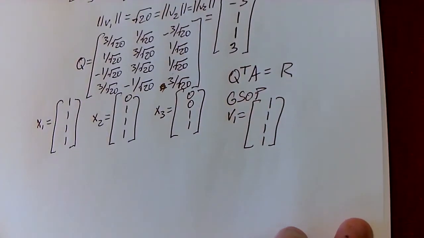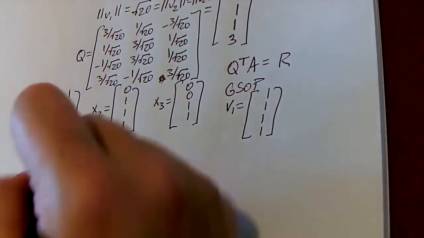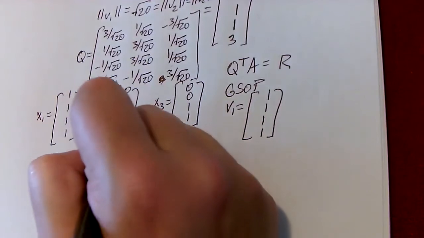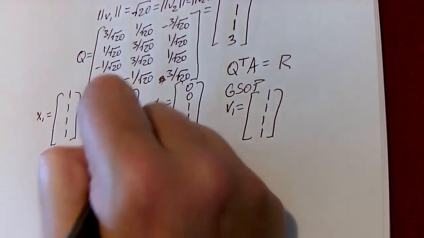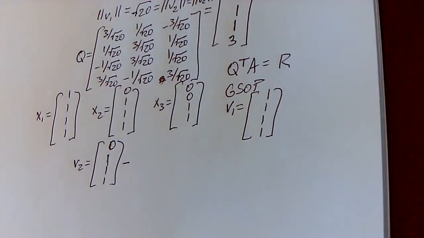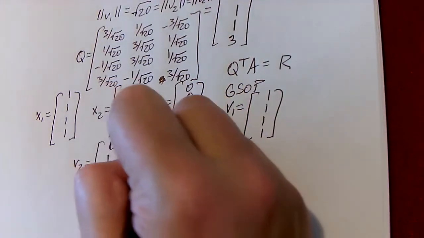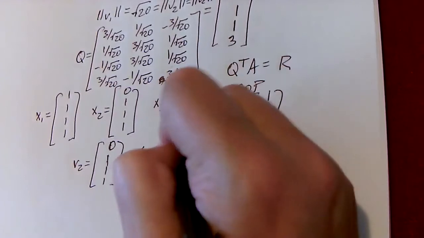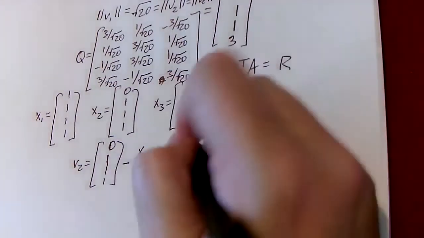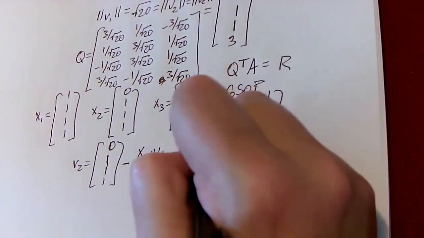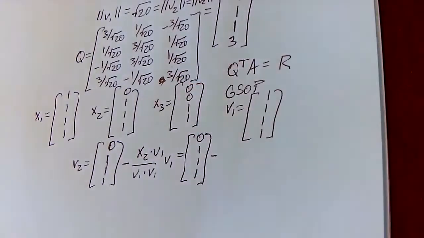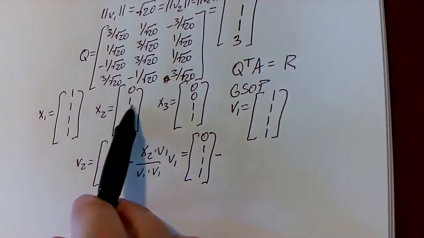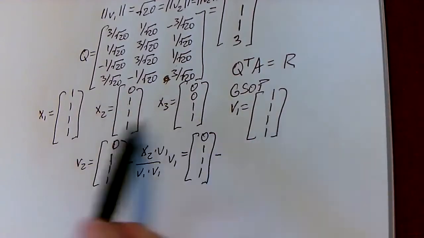Okay? So now we go to our second vector. Find v2. We are going to do x2, which is 0, 1, 1, 1, minus x2 dot v1 over v1 dot v1 times v1. Okay, so I'm going to have 0, 1, 1, 1, minus, let's do the dot products here. I'm going to have x2 dot v1. So that's 1 times 1, 1 times 1, and 1 times 1.